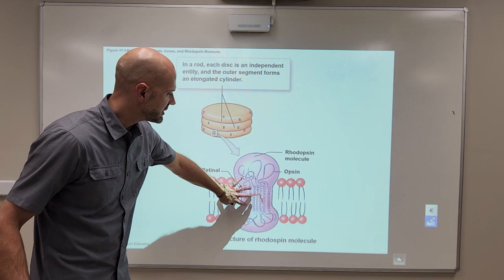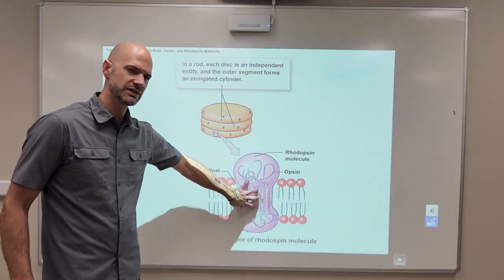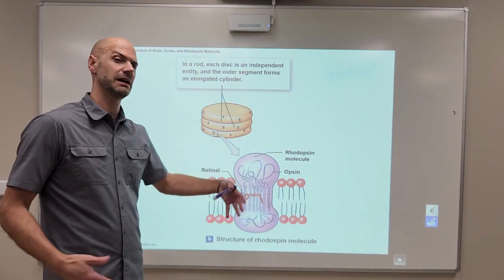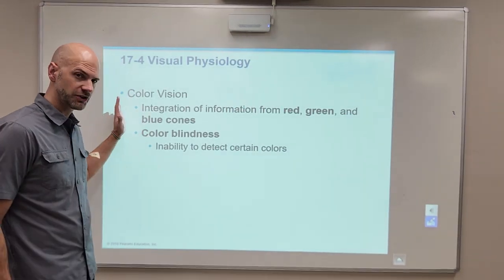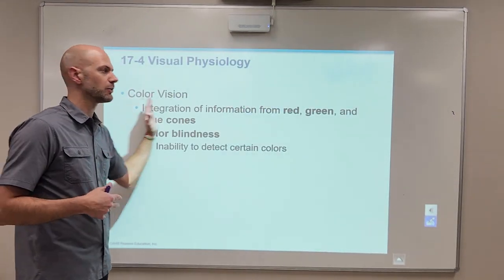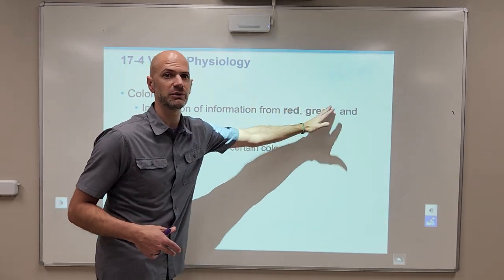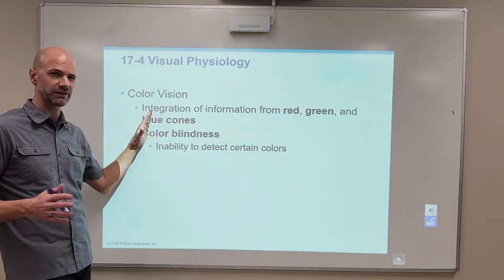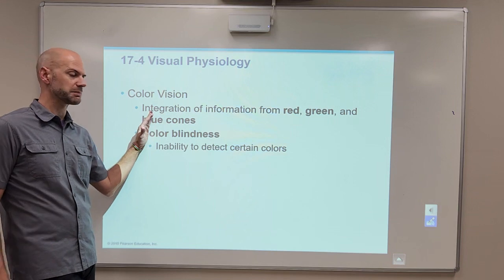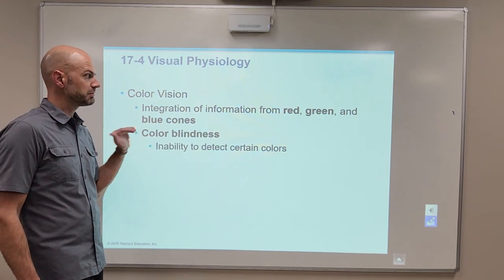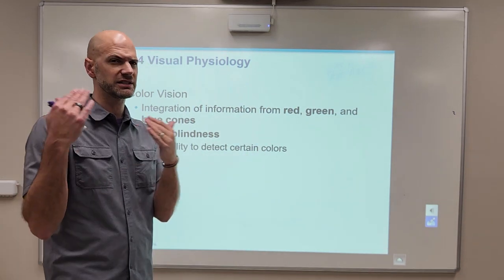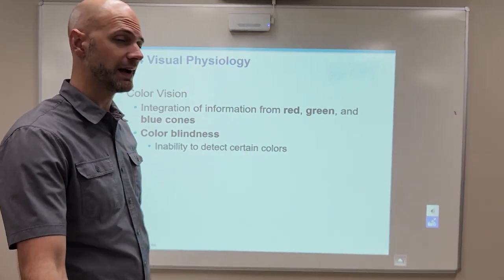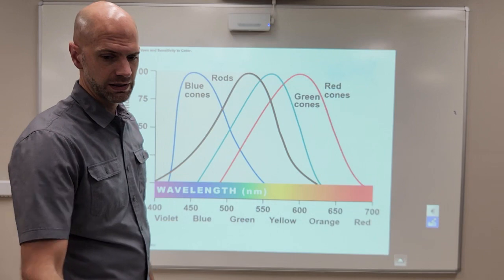The way that this protein receives that light depends on what type of protein it is. Different types of cones can receive red wavelength or green wavelength or blue wavelength better or worse. If we have color blindness, it means we have an inability to detect certain colors, meaning some of those proteins are absent or defective.